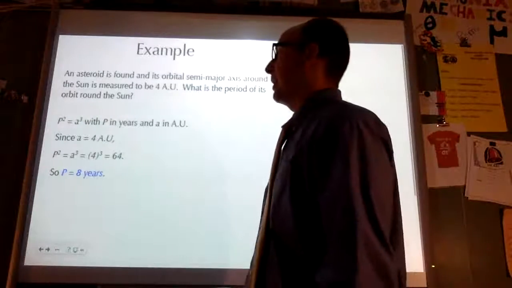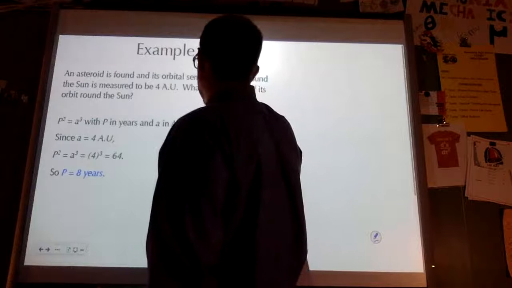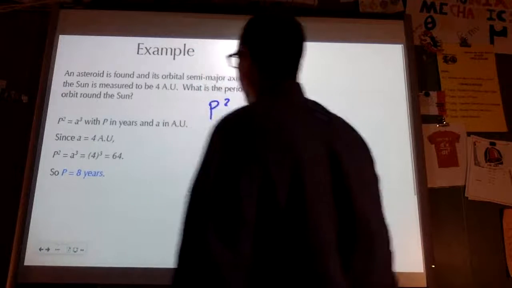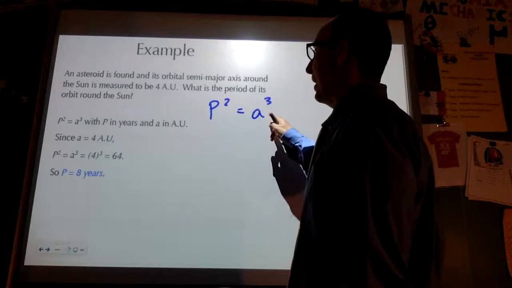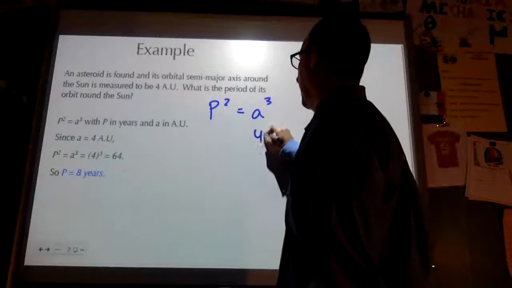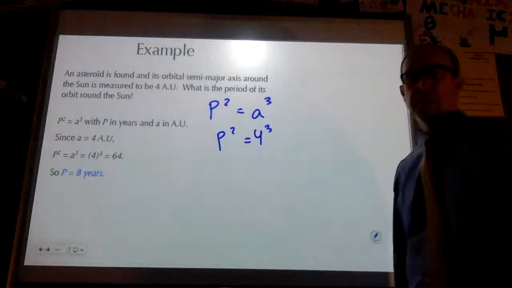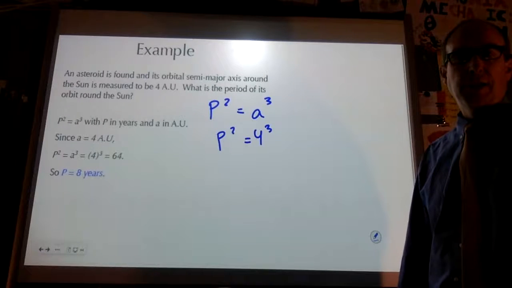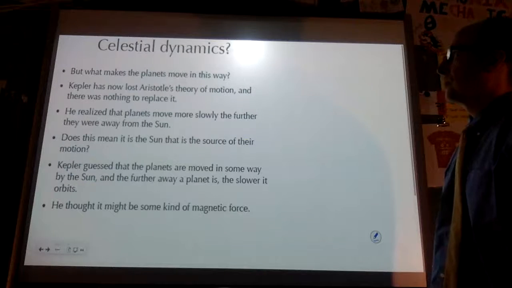You would know what the period is, because you know that p squared is related to a cubed. And so if they're saying that a is 4, I'm going to have 4 cubed related to p squared. This shows up in circular motion problems, especially in multiple choice, and so you'd be able to find out what the period is.